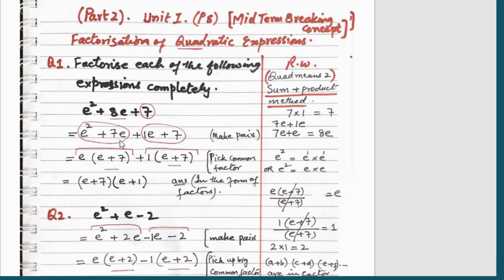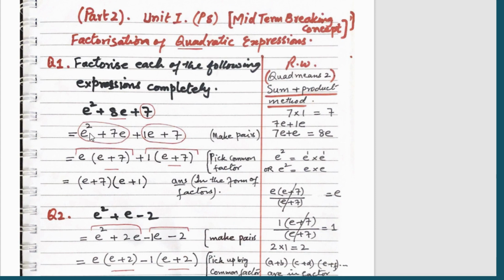Students, pay attention. In algebra, when we are going to take common, we always look at the variable with the smallest power. The biggest power is 2, the smallest power is 1 in these two terms which I have encircled. So I will pick up the term with the smallest power, e.